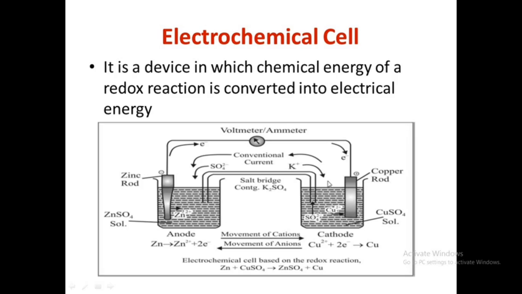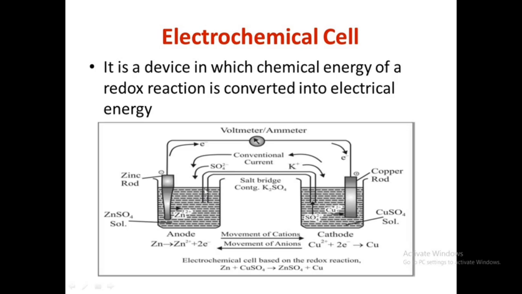And in the copper sulfate solution, initially the Cu2+ ions and SO4 2- ions are equal, but now the Cu2+ ions are depositing on the copper rod, therefore the number of positive ions is decreasing and hence the solution will become negatively charged.